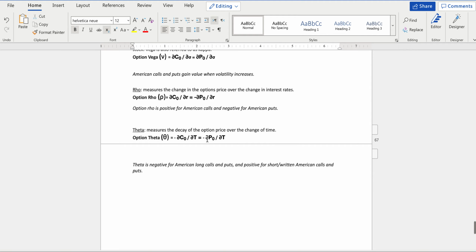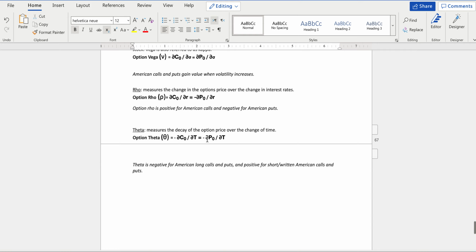If there's a negative sign, that means that two variables are moving in opposite directions. And this is true for theta. Theta is the reason why options can become worthless. Doesn't necessarily mean that they will become worthless, but theta is basically eating away at the value of your option every single day.